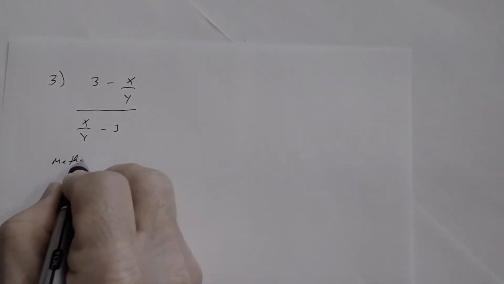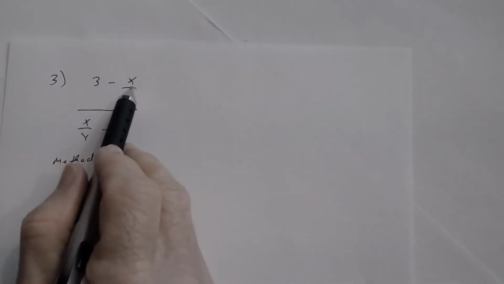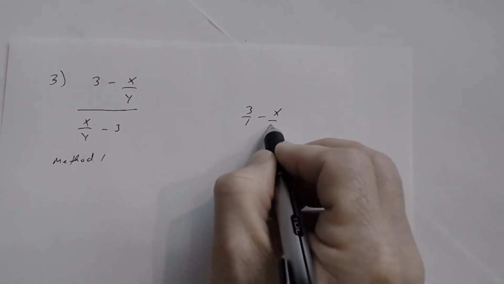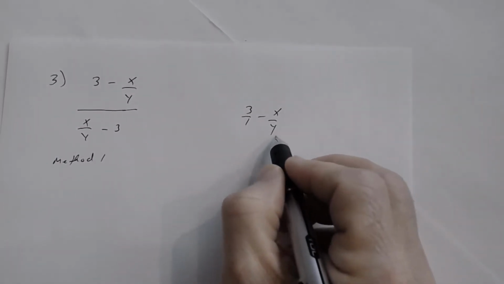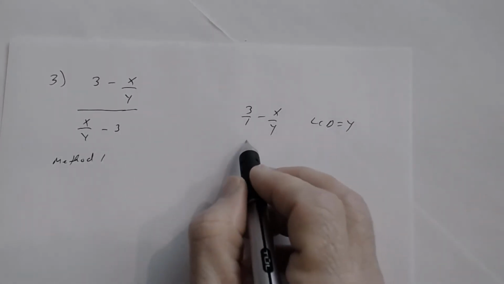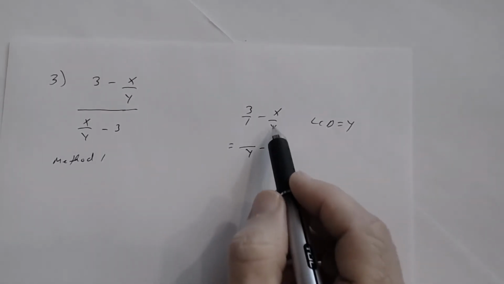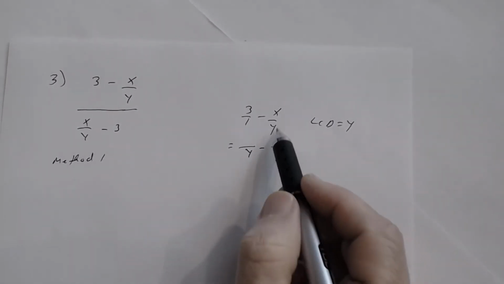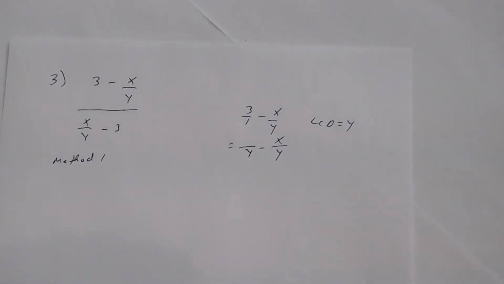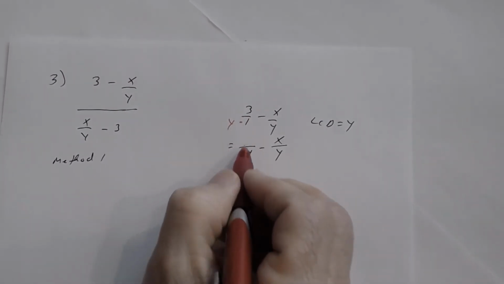So method 1, remember that's where you take the numerator and you write it as one fraction. So that means you go off to the side and figure out what the LCD is of those two fractions. So the LCD is y. And so I'm going to write two fractions with that denominator. Now notice that these denominators are both the same, so every rational expression is equivalent to itself. Over here, though, I have a 1, I need a y, so I'm going to multiply this by y, so I'm writing equivalent fractions.